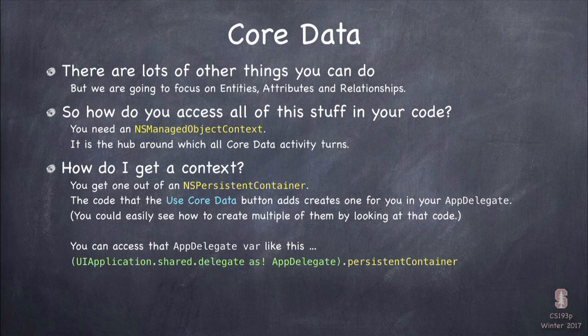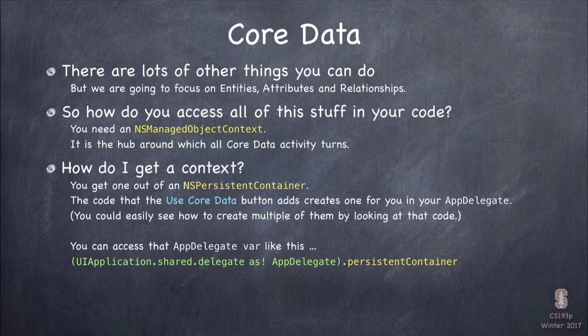Now, its delegate is automatically set up for you to be this Swift class AppDelegate that you see, we always put it off in supporting files and get it out of our way, but it's created for you. It's a nice little class. We're going to talk about the application lifecycle and where it fits in a little bit, but for now, all you need to know is you're going to get that delegate and you want to send persistentContainer to it to get that var, but of course you have to cast it to be the AppDelegate class first.